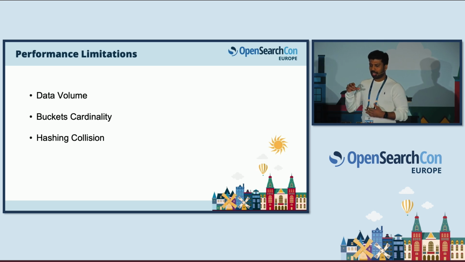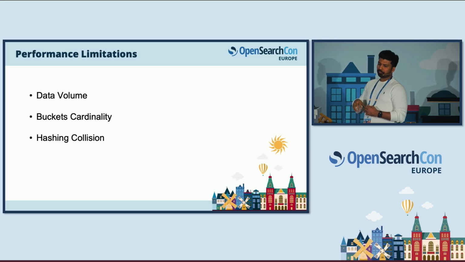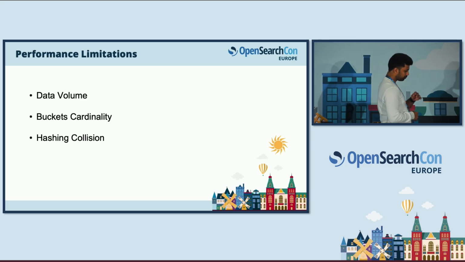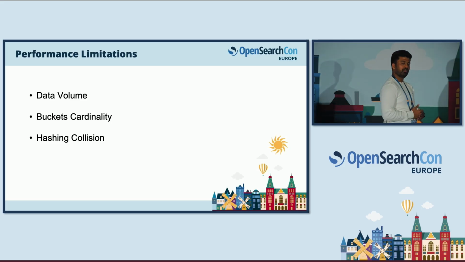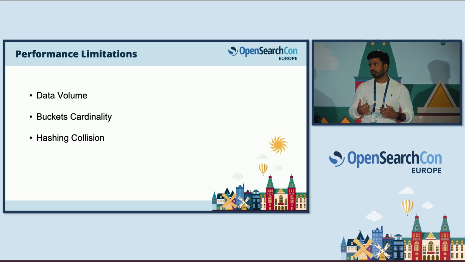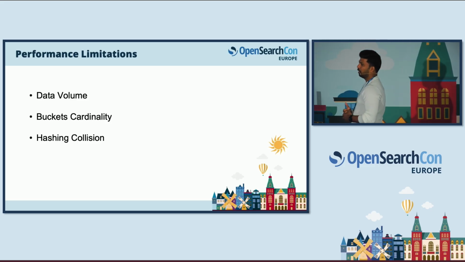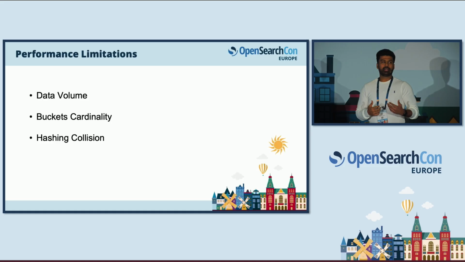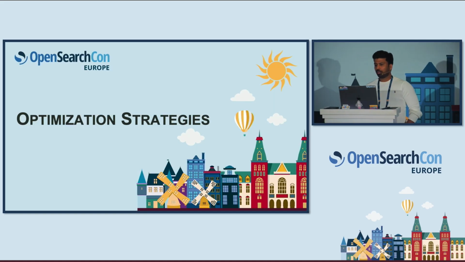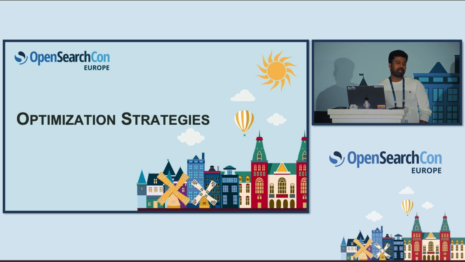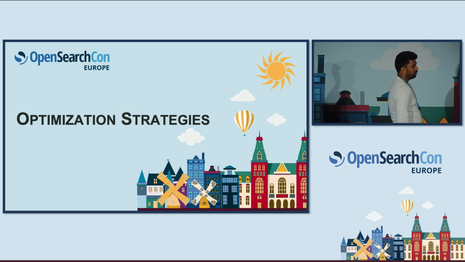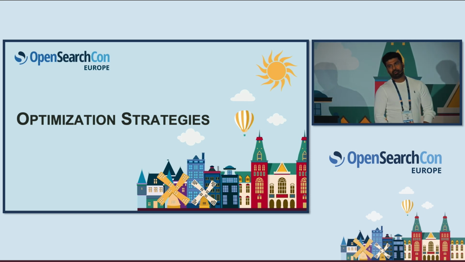When you are mapping these documents into a bucket, you are using a hashing technique, and resolving those collisions takes time. It might increase the latency further. With that context, let's take a look at some of the optimization strategies that we employed for achieving those performance gains.